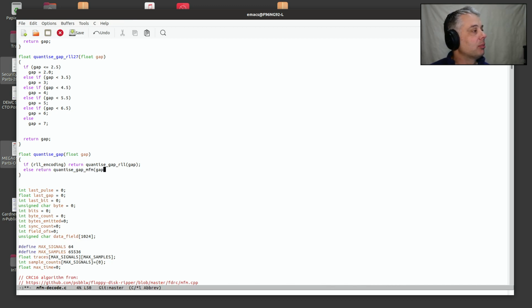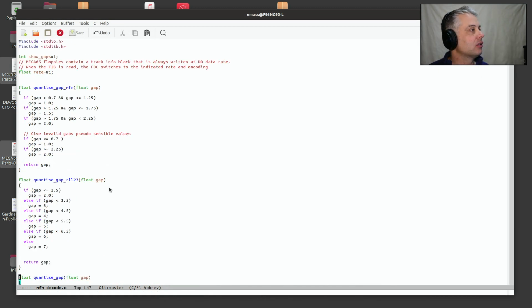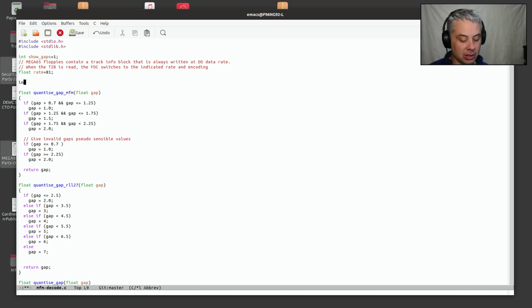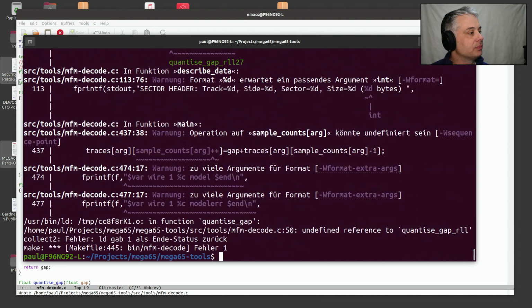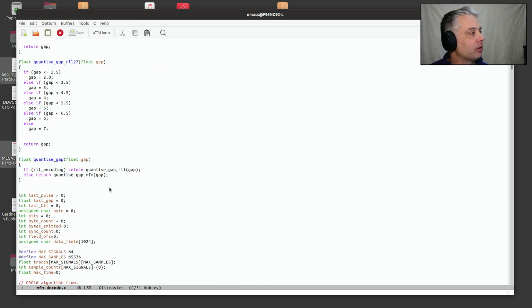So basically pick which method we need to use. And oh yes, and I haven't defined RLL encoding. Int RLL encoding is equal to 0. Okay. Oh yes, because it's RLL27, not RLL.